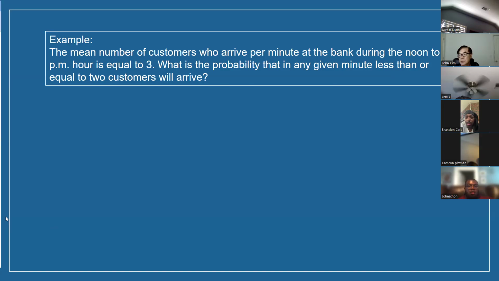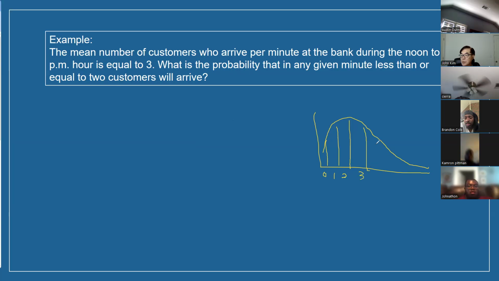Next example, the same condition. What is the probability that in any given minute, less than or equal to 2 customers will arrive? If I draw the distribution, it looks like this, with a right tail, and this tail never touches 0. So it is 0, 1, 2, 3, 4, 5, and so on, infinite.